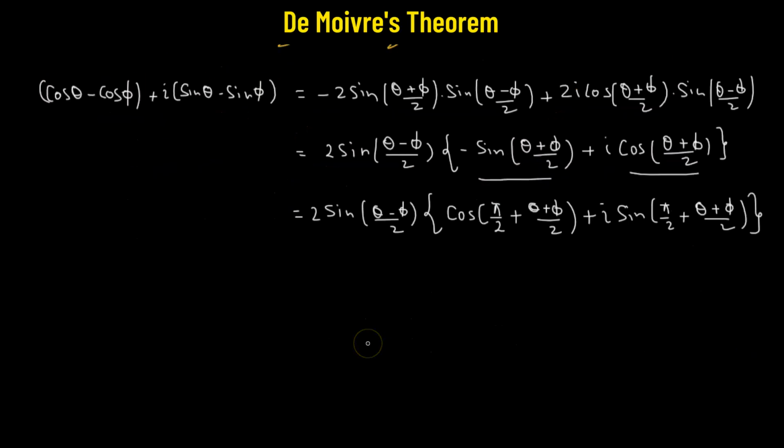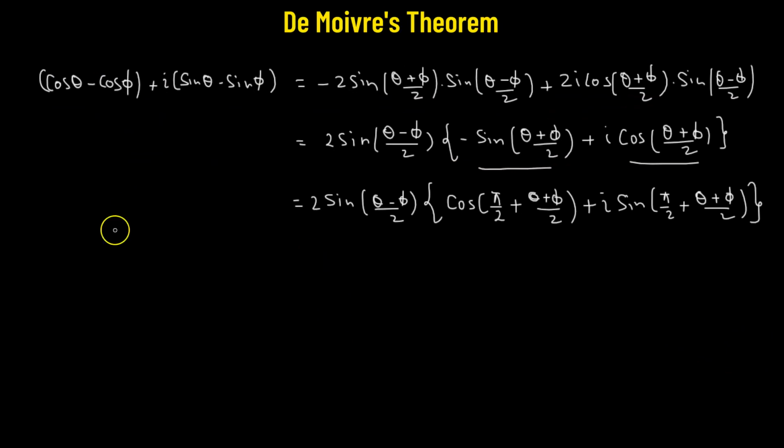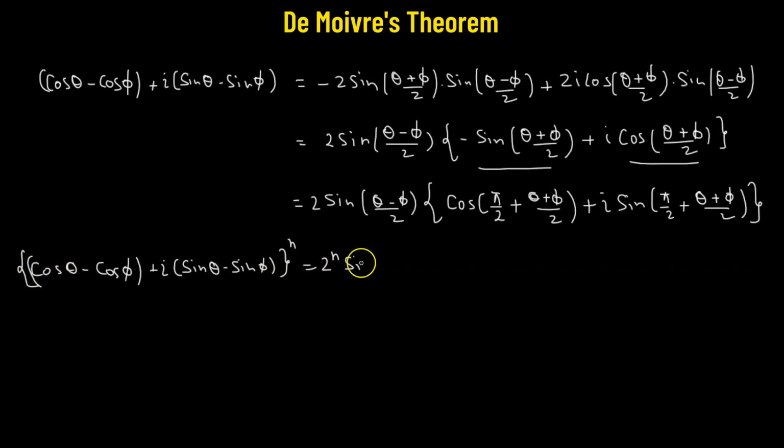Fine. Now in the next task, we'll raise both sides to the power of n. So we have cosine of theta minus cosine of phi plus iota times sine of theta minus sine of phi, whole raised to the power of n, such that we get 2 raised to the power of n times sine raised to the power of n of (theta minus phi)/2.